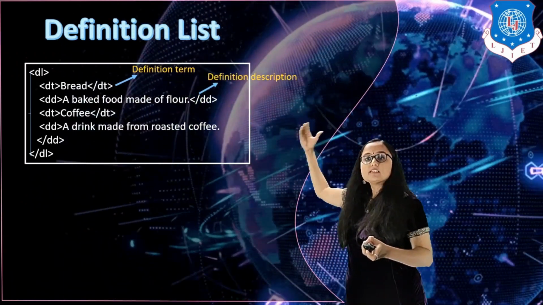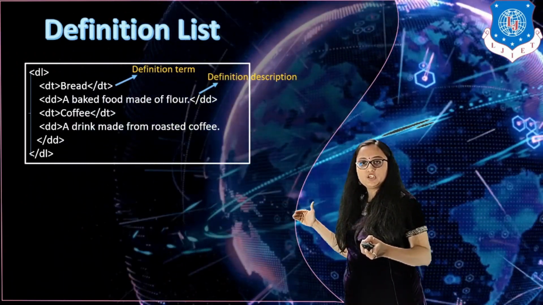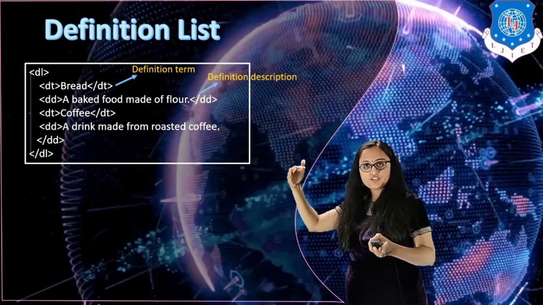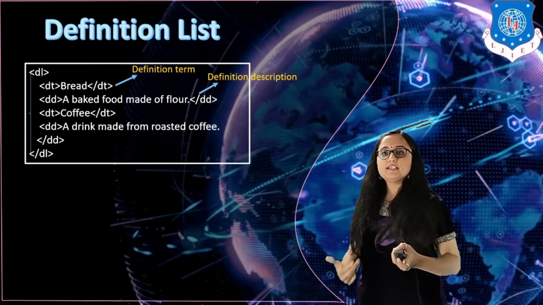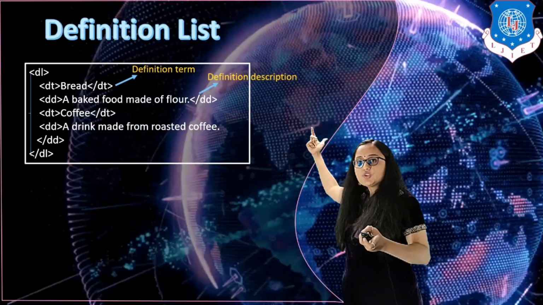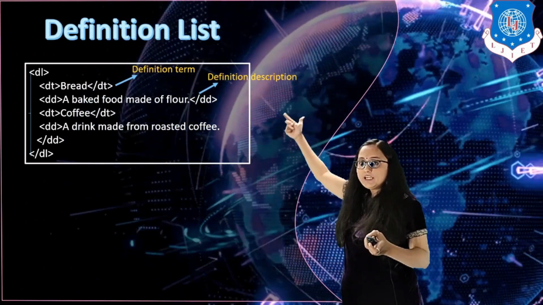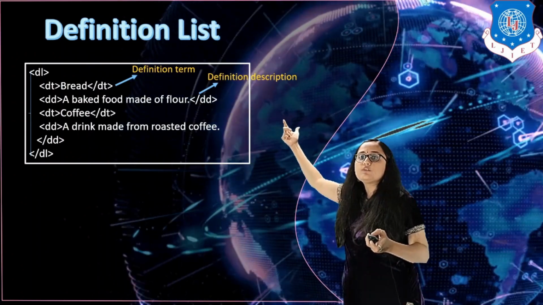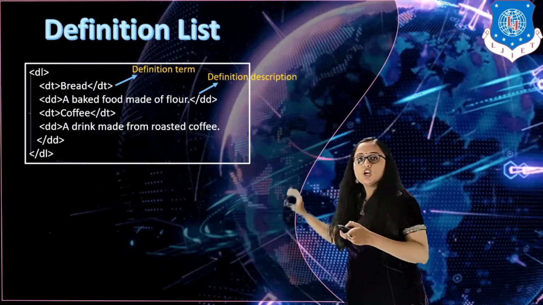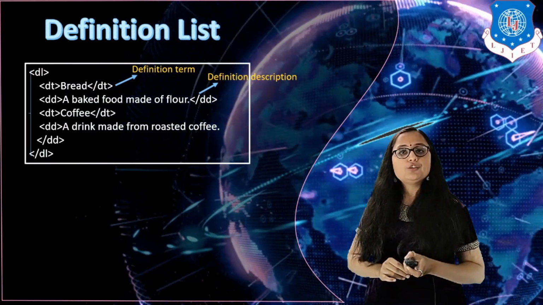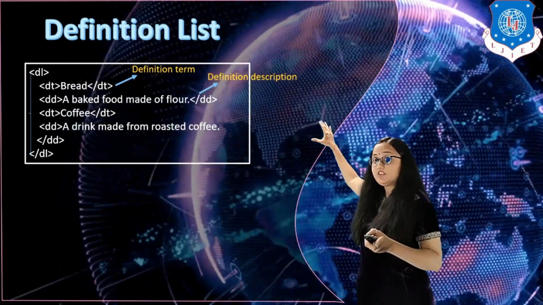So this is the way in which you write a definition list: definition term, definition description, definition term, definition description. The only mandatory condition is that the description should correspond to the immediate node which is above your current node. Okay, so that is the only condition that you need to take into consideration while you are designing a definition list.